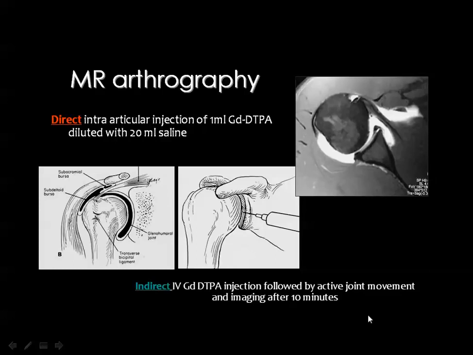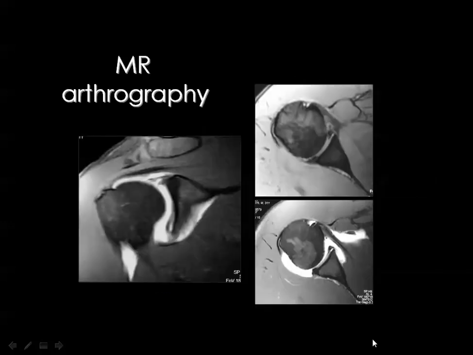The contrast media injected are less than 1 milliliter of gadolinium diluted with 20 milliliter saline, and you add some of the contrast media, urografin or Telebrix, used in conventional urography, so that you are able to see the contrast media under screen control. Then this is the conventional MRI and MR arthrogram of the same case.